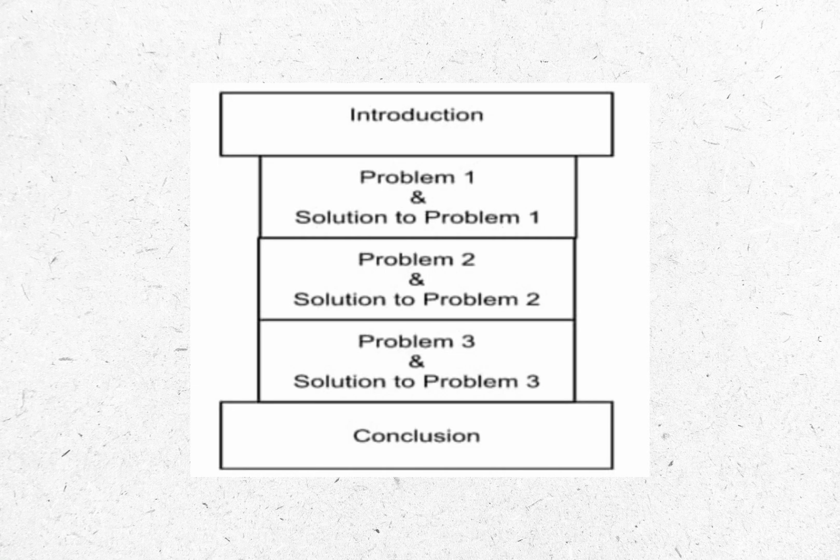Different from the first one, in this way we pair each stage of the problem and solution. Then, end with a conclusion or emphasis, evaluating the outcome. So, there you have it. Writing a problem solution paragraph can be both straightforward and fun when you structure it properly and add some creativity.